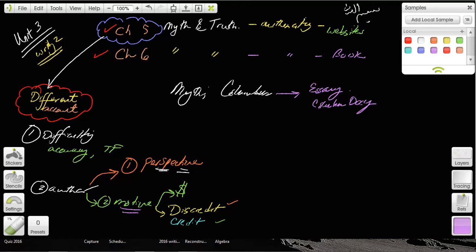Now, the essay says that we should celebrate Columbus Day. And it's written by an Italian American who also has connections with the American Indians.